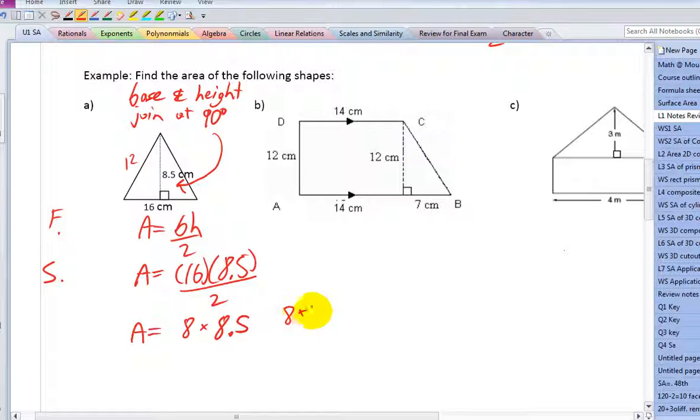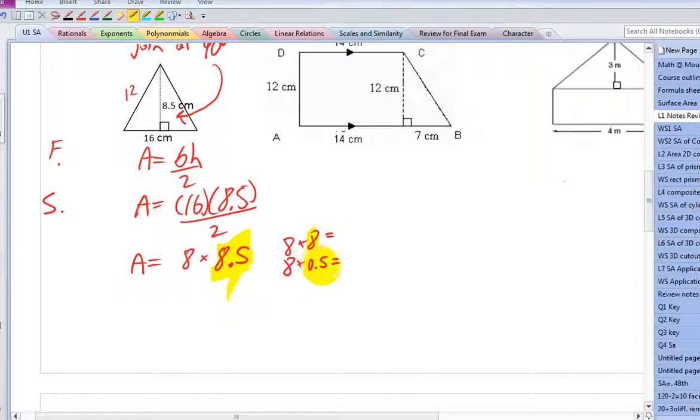So this is 8 times 8 and 8 times a half. Okay, so doing grade 5 math again. So just take 8.5 and break it up into the 2 pieces. So 8 times 8 is 64. What's 8 times a half, or half of 8? 4. So altogether, what do you get? 68.